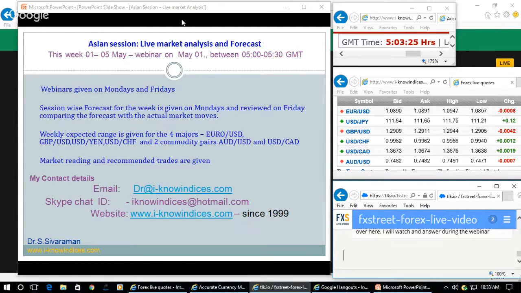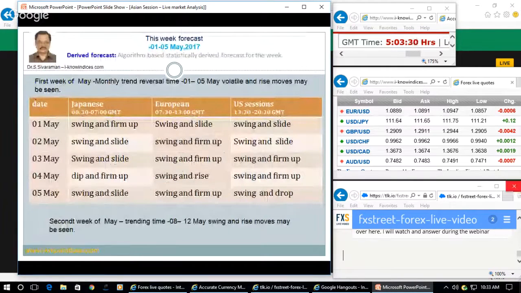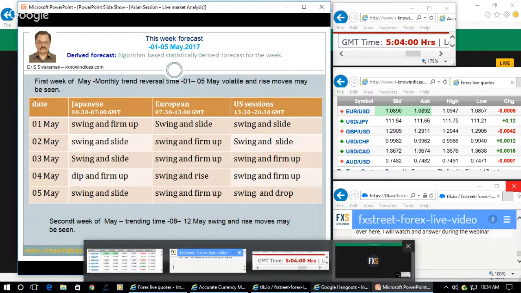So let me give you the forecast part of it. It is the first week of May. The monthly trend reversal is to be there till end of the week. Today, even though it is a holiday in many places in the world, they are expected to make the swing and come up move during the Japanese session, followed by a slow slide during the European as well as US session.